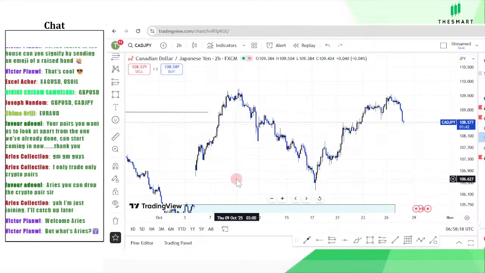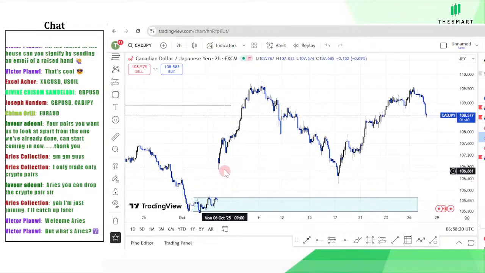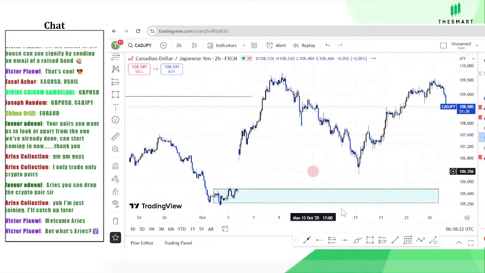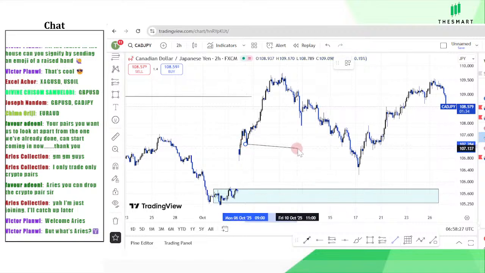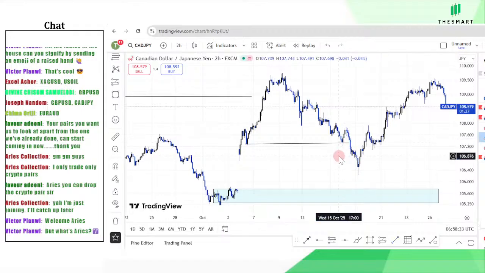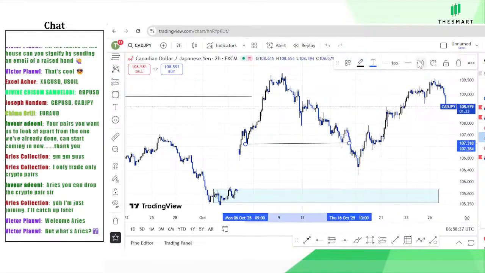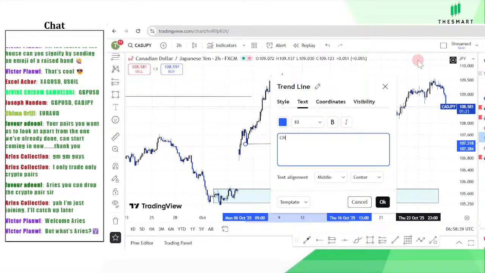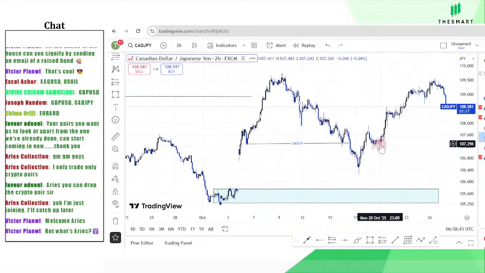Because if we check, the price went below this other block just like what we have on GJ. So looking at this, you can see on 2 hours, this is our external. So we have this here. We have this change of character here.